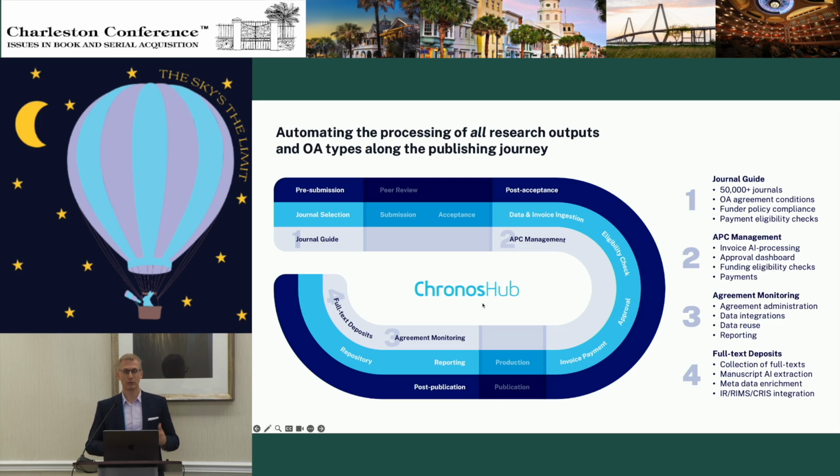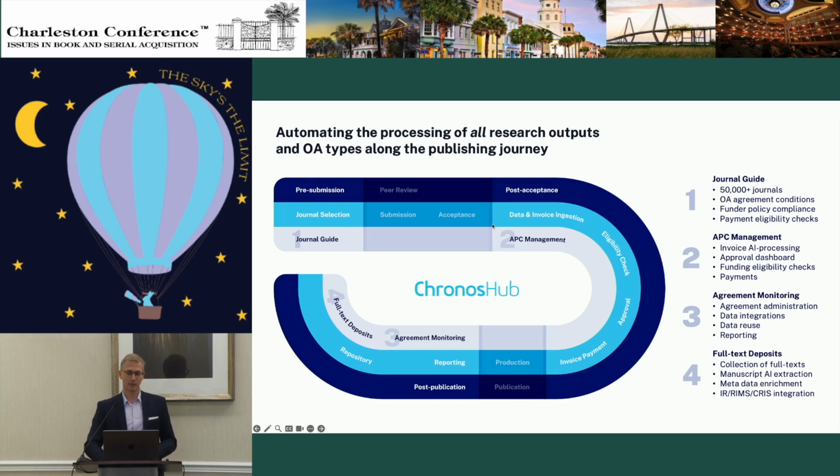If it goes more into green OA, or if it's now more on the agreement side, or if you have a central APC fund, or a combination, should not matter. So it starts with a journal guide, providing, ideally, peace of mind to the researchers when they select their journal. They can directly see, this is compliant with my funder's policies. I don't have to pay an APC because there's an agreement covering all of this.